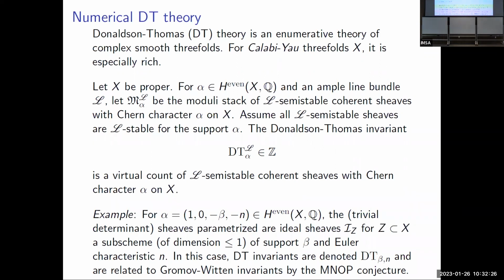In that case, the DT invariants are conjecturally related to Gromov-Witten invariants by the Maulik-Nekrasov-Okounkov-Pandharipande conjecture. Again, this conjecture also has a version without imposing the Calabi-Yau condition, but then one needs some insertions. So this was the initial theory in which we produce some integers via virtual fundamental classes.